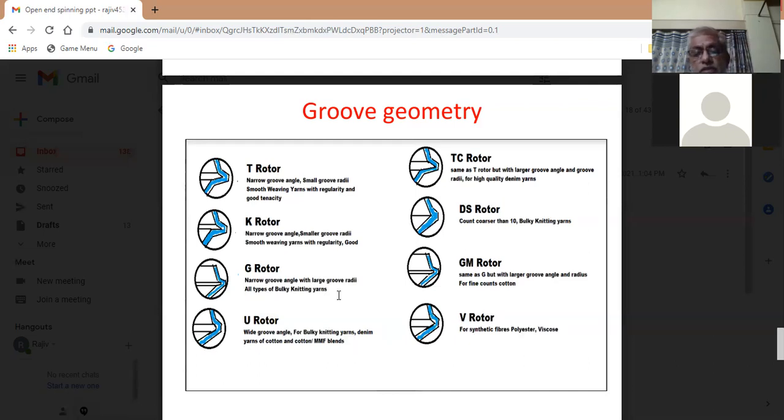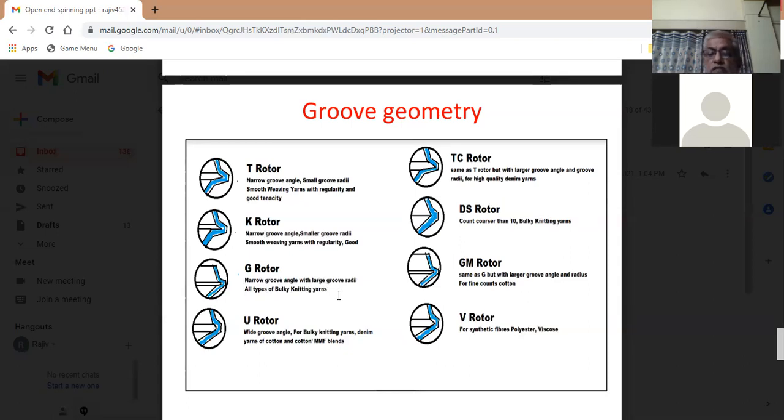Then comes GM rotor. It is also an extension of G rotor. This is same as G with large groove angle. In G rotor, narrow groove angle is there, but in GM rotor, larger groove angle and radius are there.